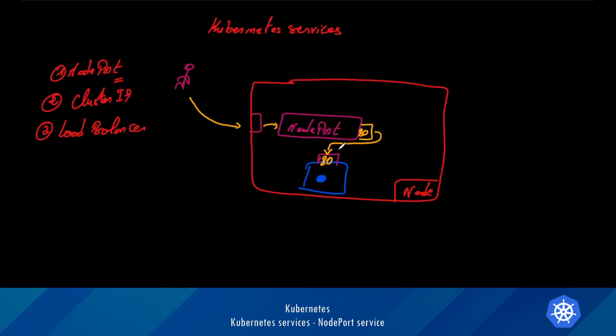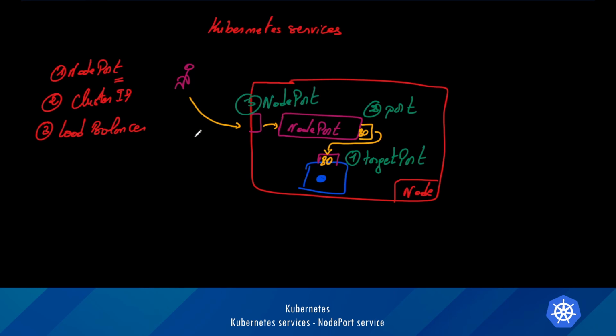Here we have three types of port. First of all, the port on the pod is called the target port. The port on the service itself is called the port, and the port that we open on the worker node is called the node port.